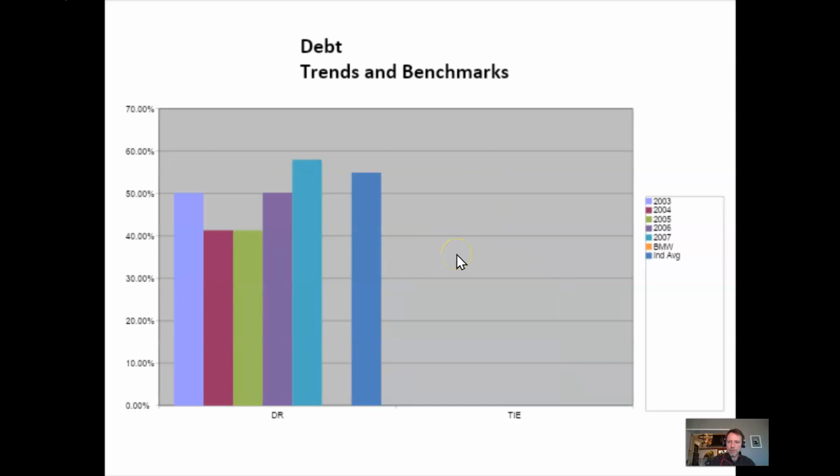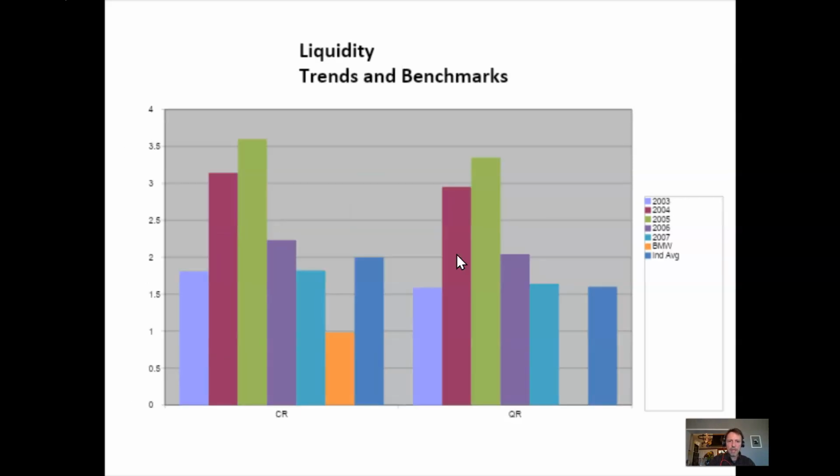But I would say what we see is on current ratio, we are doing quite a bit better than BMW. We're doing pretty well compared to the industry until we get to the most recent time. So over time, we did really well with quick ratio, and now we're starting to face some difficulties, that purple and light blue line, and we've actually fallen below the industry.